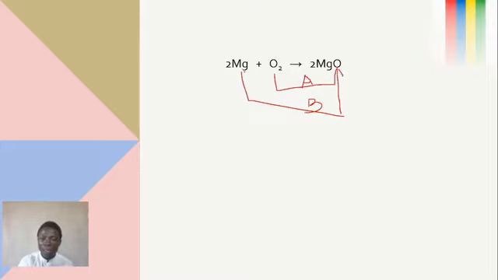So magnesium is being oxidized, and that means magnesium is a reducing agent. There's a loss of electrons, which is oxidation, and then there is reduction, where we have the oxidizing agent.